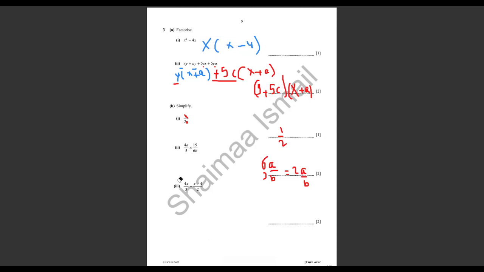Okay. And here we have to make it like a single fraction. So let's do this.